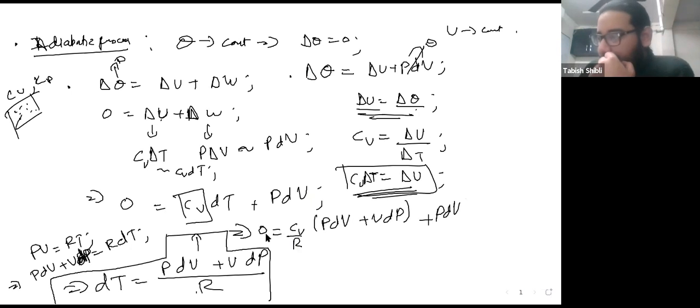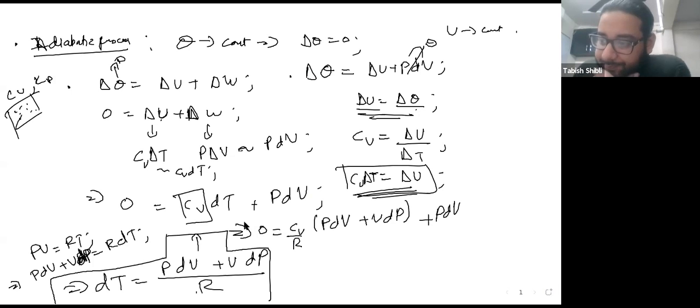Okay, how to simplify this? Anybody? How to simplify this further? Any ideas?